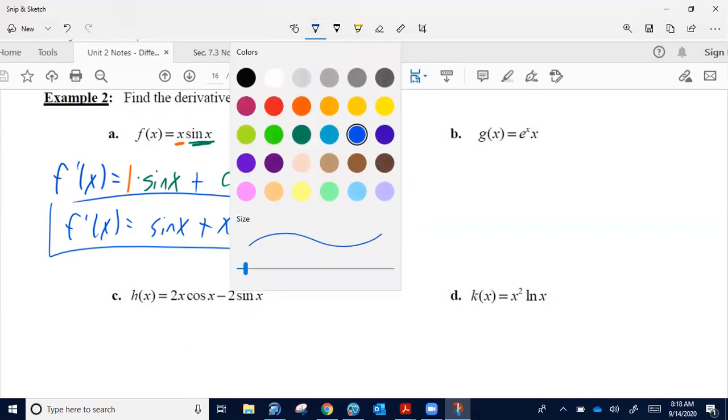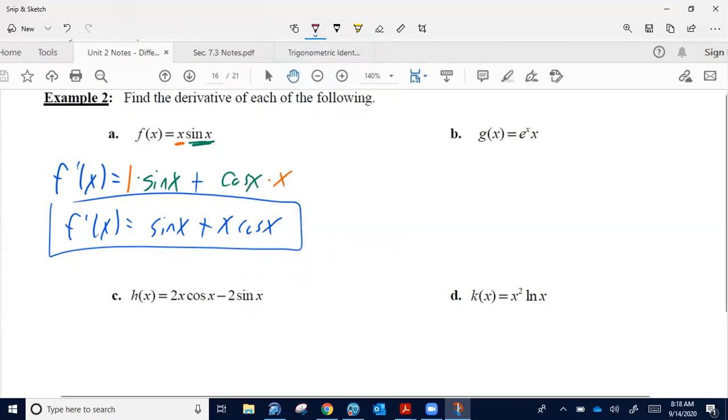Example B here. Again, this has to be a product rule because I have e to the x times x. Each piece has its variable. So this is definitely a product rule.